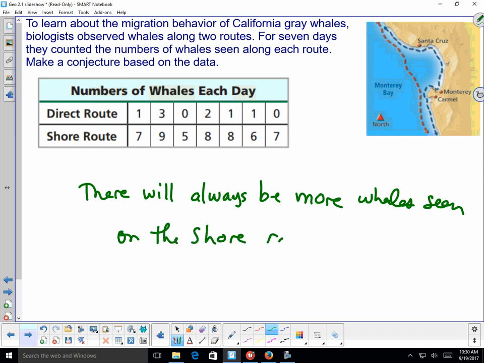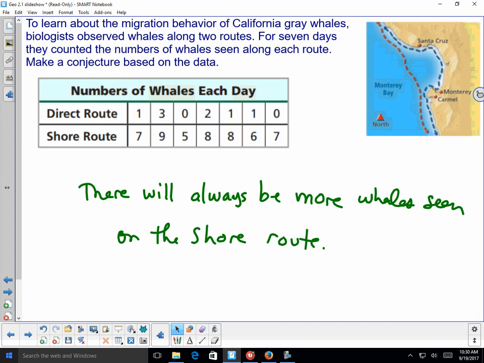Maybe that's all we can say. But that would be our conjecture. Is it true? Who knows? We would have to test this for every day for a long time. And even then, we might not be proving this conjecture. But we're just making a statement based on what we see.